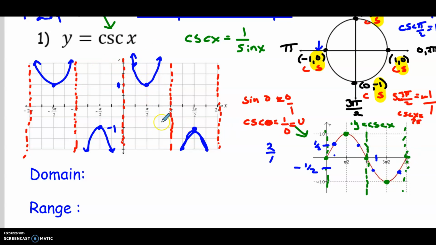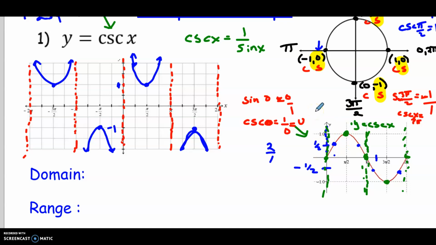Because I personally forget where my asymptotes occur. So I just look for those x-intercepts, and wherever those x-intercepts are, I go there and I create my vertical asymptotes there. Okay, and then I go ahead and take my 1 value and my negative 1 value and plot them and just flip this curve. It's going the other way.